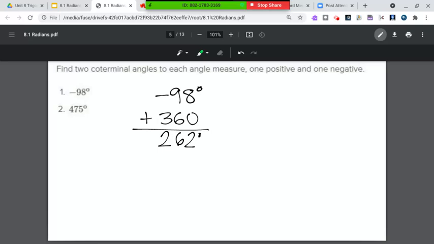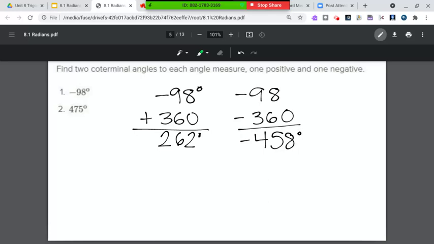Now, let's find a negative coterminal. So it's already negative. I'm just going to subtract 360. Negative 98 minus 360 is negative 458 degrees. Remember, there's infinitely many.